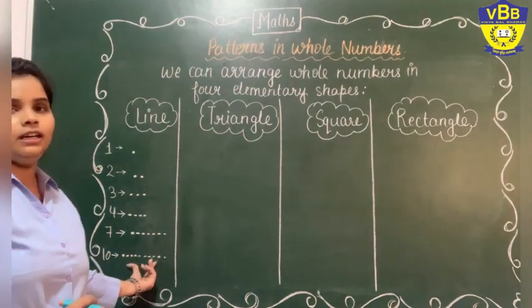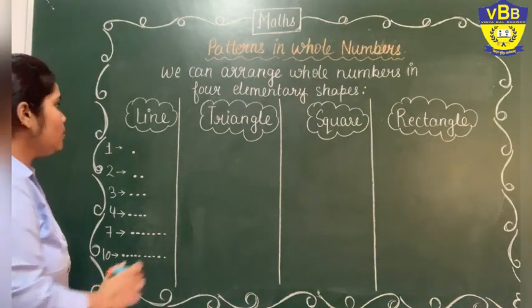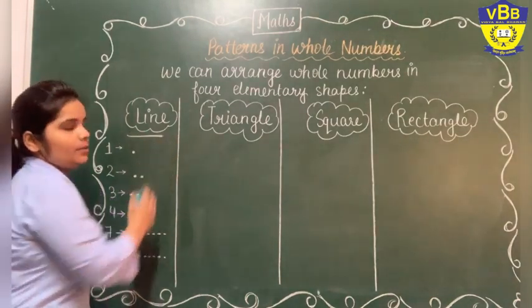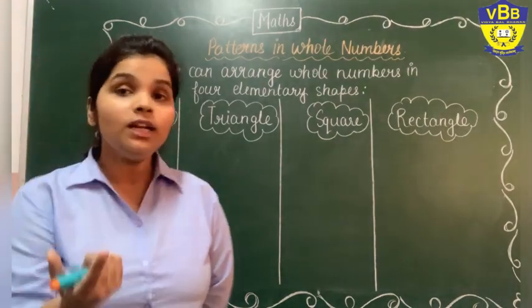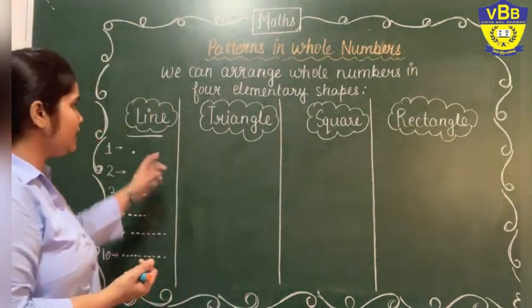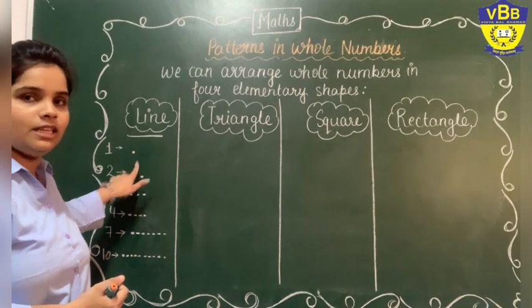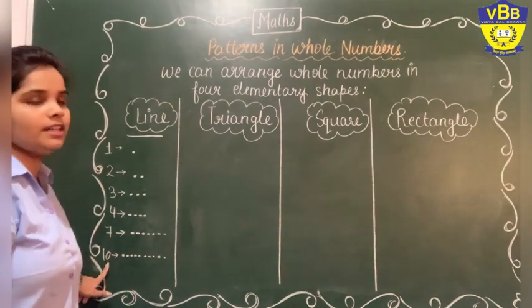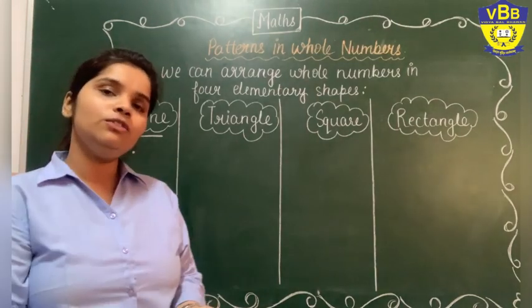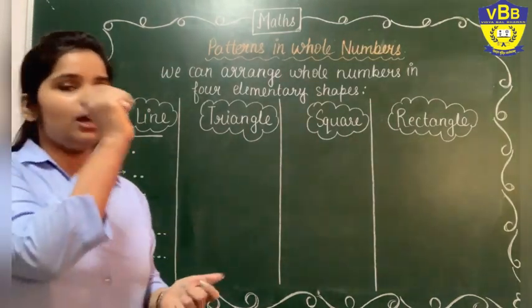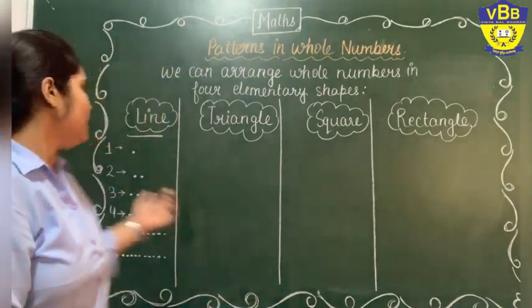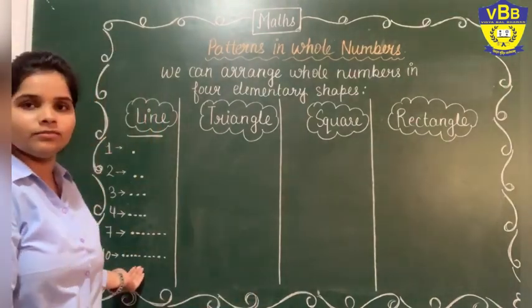This is forming a line. So all the whole numbers can be represented as a line. You can consider any whole number and make that number of dots in a sequence in a single line. It will be represented as a line.